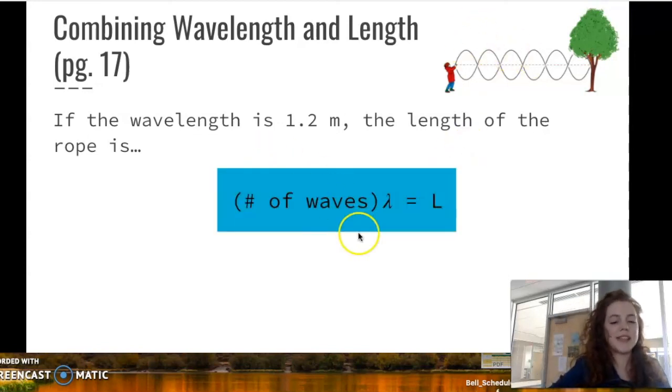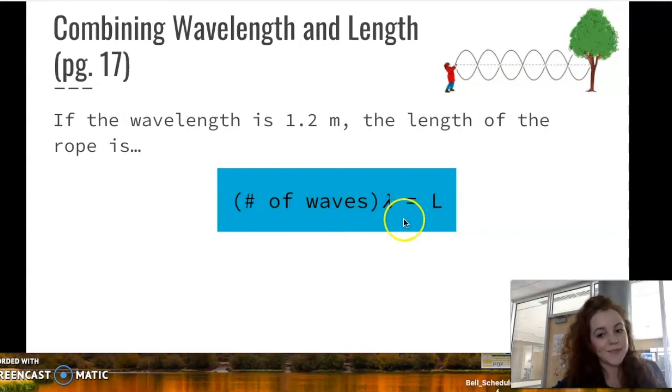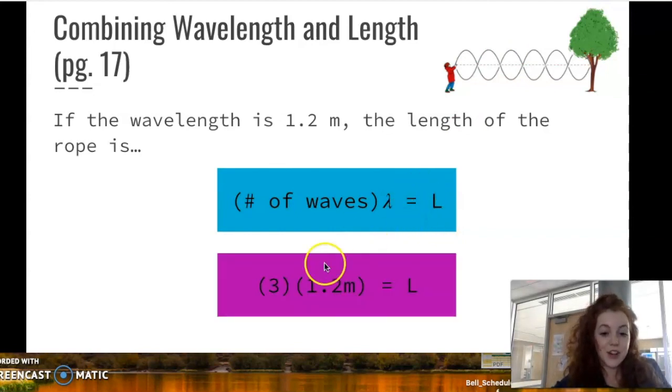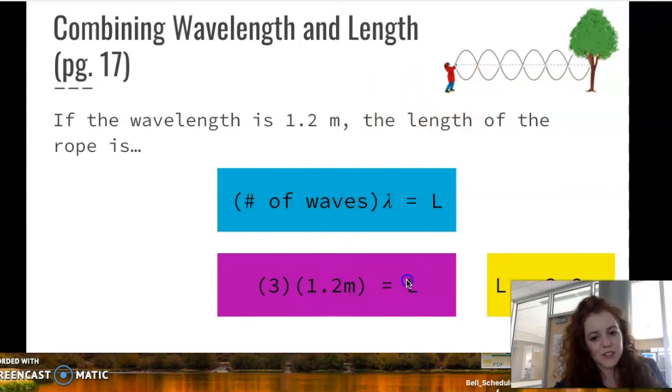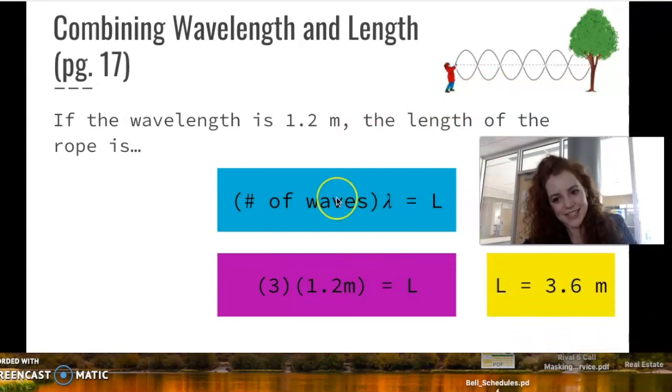So number of waves times wavelength gives you L. There are 3 waves, we counted them, times 1.2, which would be 3.6 meters.